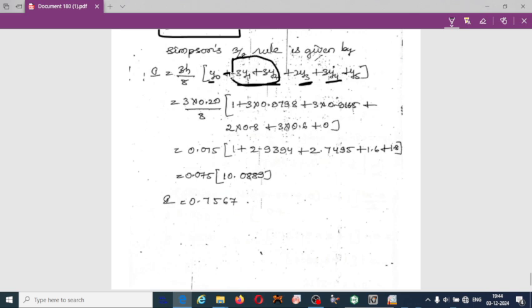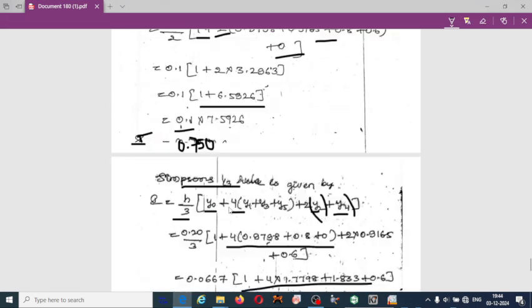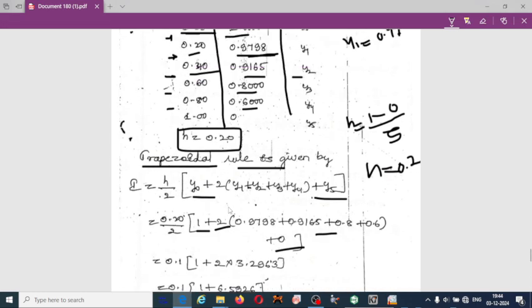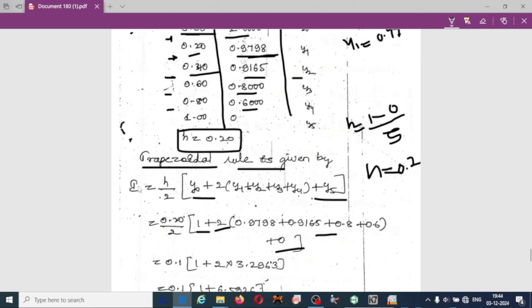These two and this one you can multiply with 3, and this is 2 into y3, and the last term keep as it is, y5. Substitute values here and multiply with 3h by 8. You will get the required answer, that is I equal to 0.7567, which is the answer that you get from Simpson 3 by 8 rule.